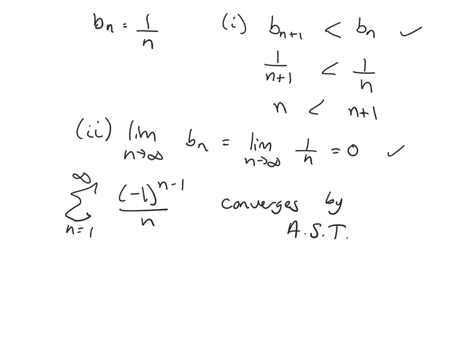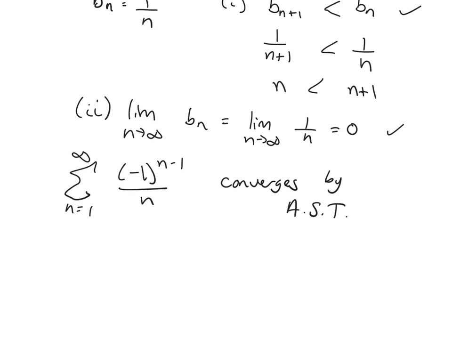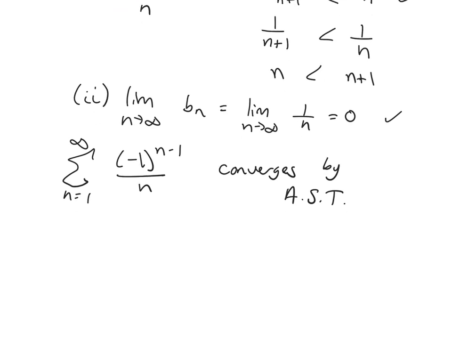So we had a series that is not absolutely convergent, but it still converges. That's a special thing that happens. It doesn't happen all the time, and that's what we're going to call conditionally convergent. Let me write that down.